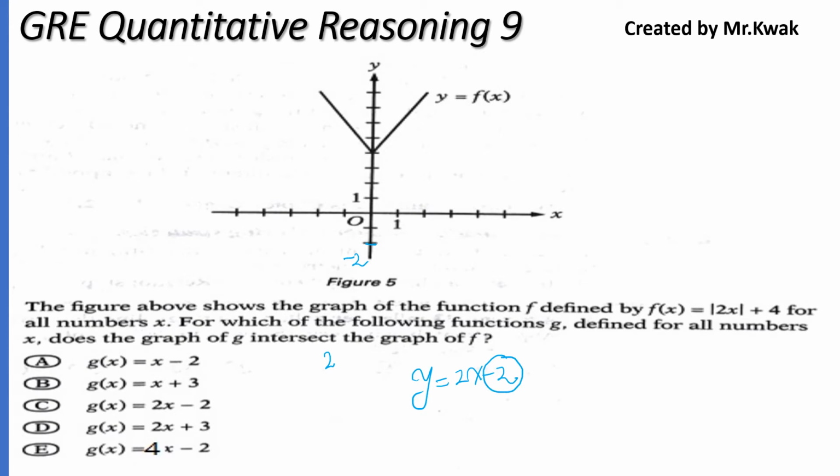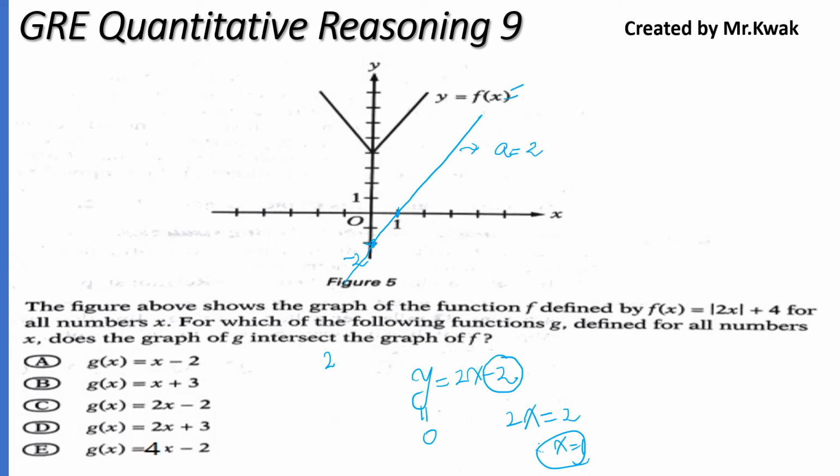And if we insert 0 for y, in that case 2x equals 2, so x is 1. We can draw it this way, and the slope is 2.